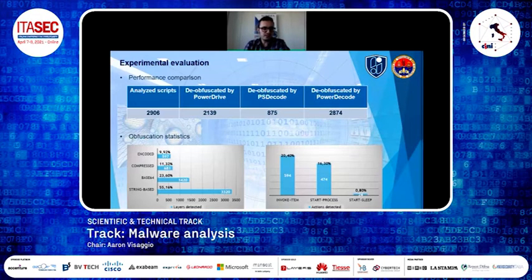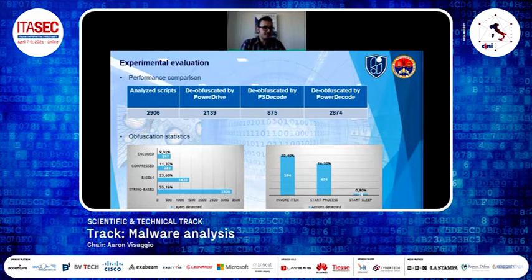PowerDecode was employed to solve many cases of obfuscated scripts received by VirusTotal. In these cases, the performance of the various state-of-the-art tools was compared with PowerDecode. We can see that PowerDecode was able to solve a wide range of obfuscations.